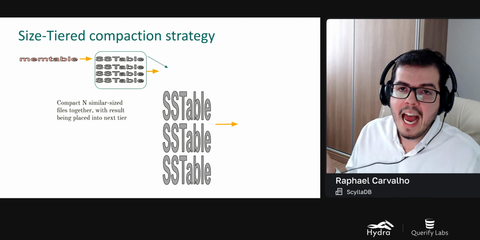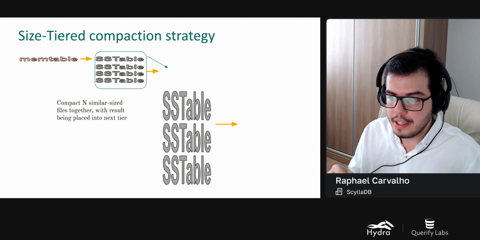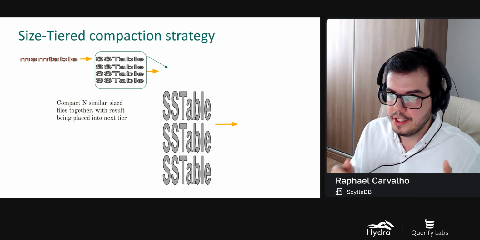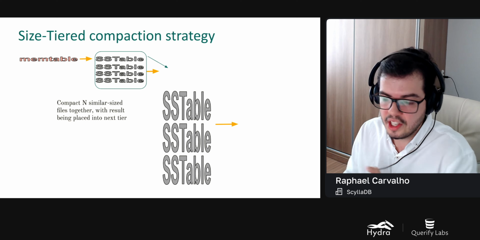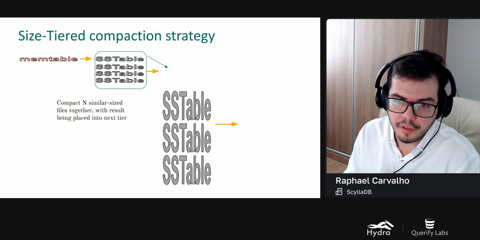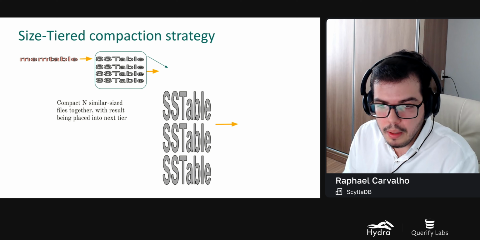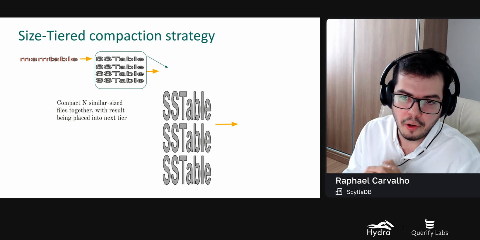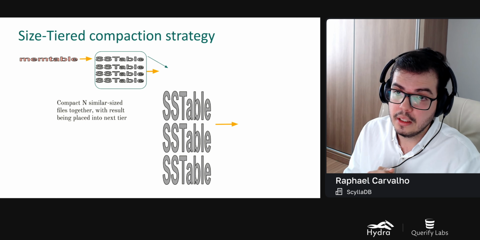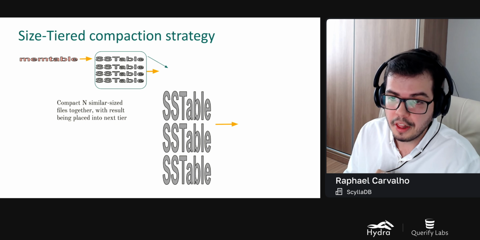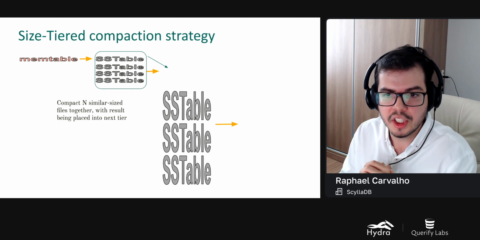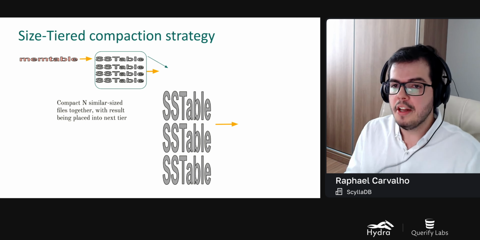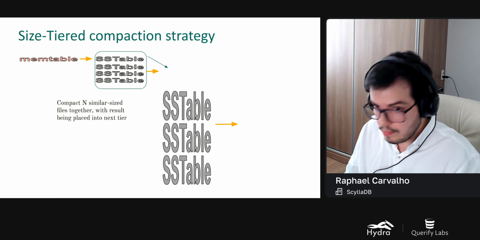So when we have enough SSTable files, because like I said, the database writes to the memtable, and then the memtable has to be flushed into an SSTable file. Those files accumulate over time. So when those files accumulate, in ScyllaDB and Cassandra the threshold is 4 by default, meaning that when 4 similar sized files accumulate, we are going to compact them together.